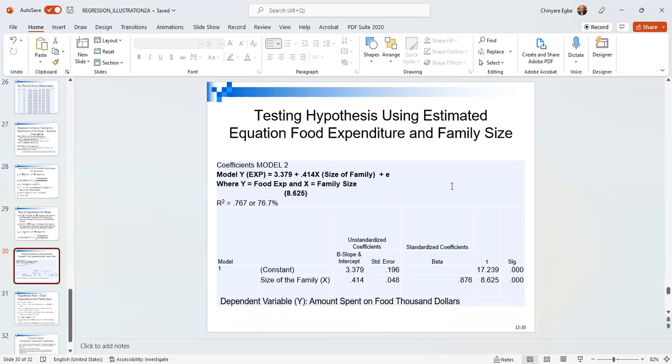And the example we are using is an example of family size and food expenditure. How much does a family spend on food? And we are theorizing that the amount of money that a family spends on food, which is the dependent variable, depends on the size of the family. Does it make sense?